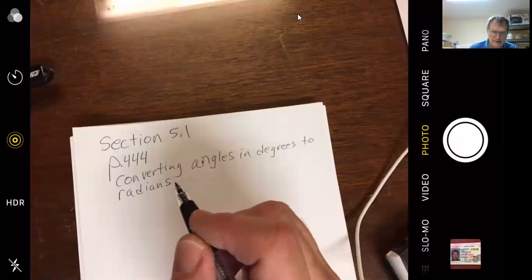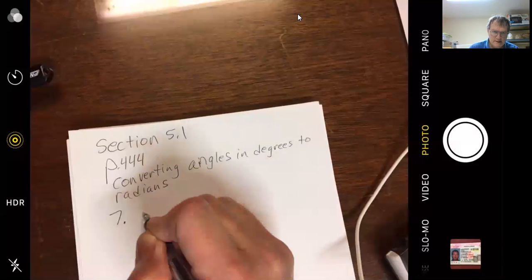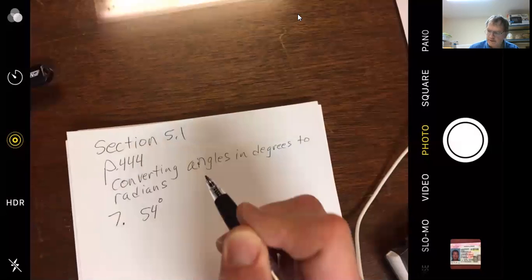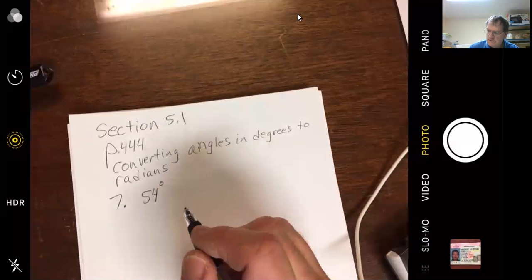Oh, it's delayed a little bit. All right, so we multiply by pi over 180 degrees.